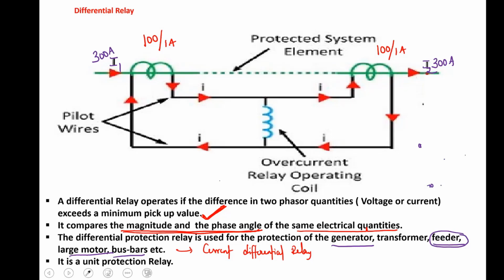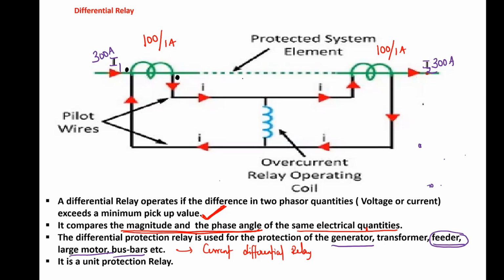Now, how will the secondary currents flow? Again, even in a CT, the currents are based on dot convention only. Okay. If the current enters at the dotted terminal in a CT, then in the secondary side, the current leaves on the dotted side. So here, the current is entering in the primary.